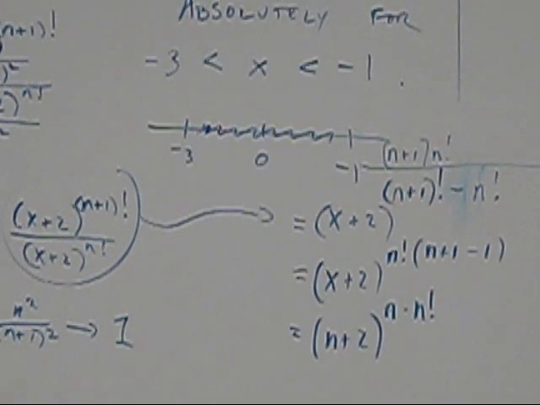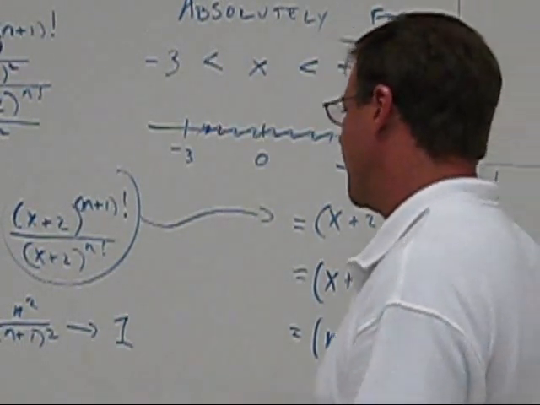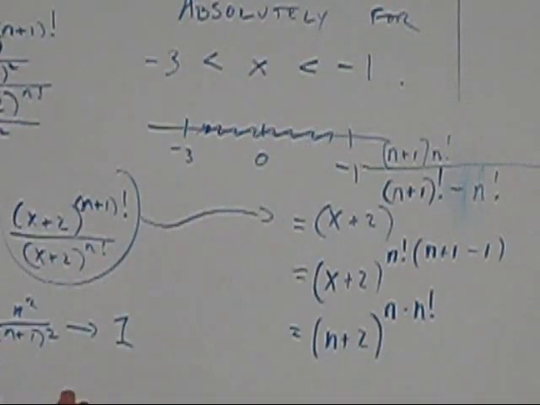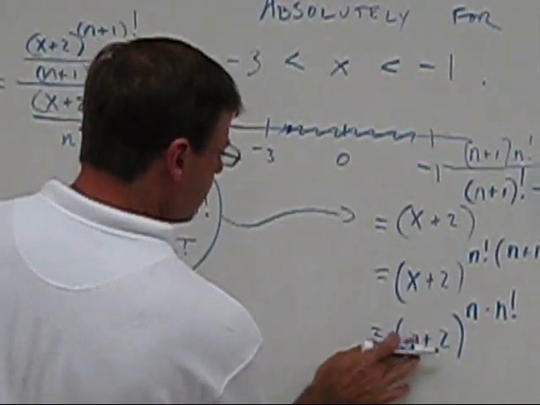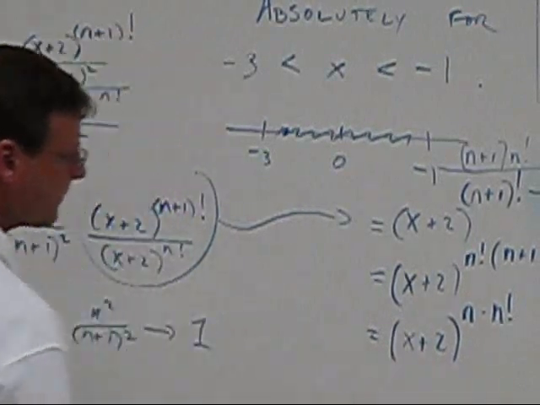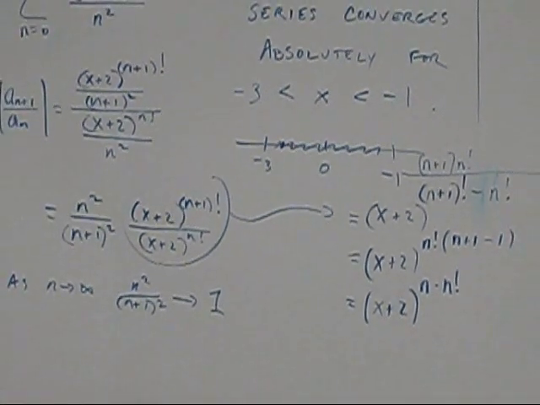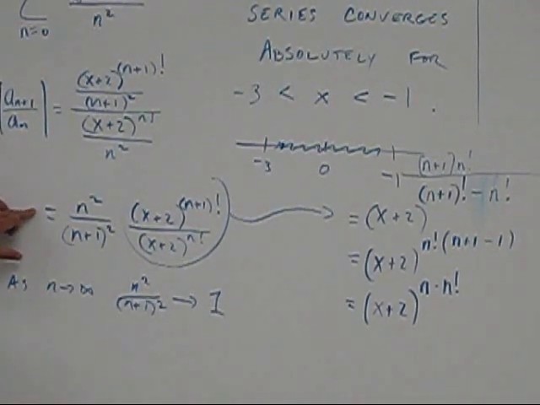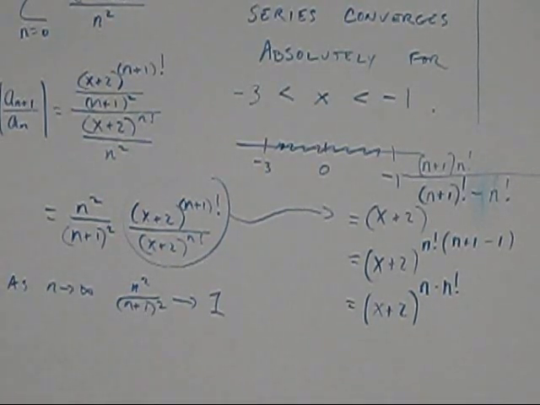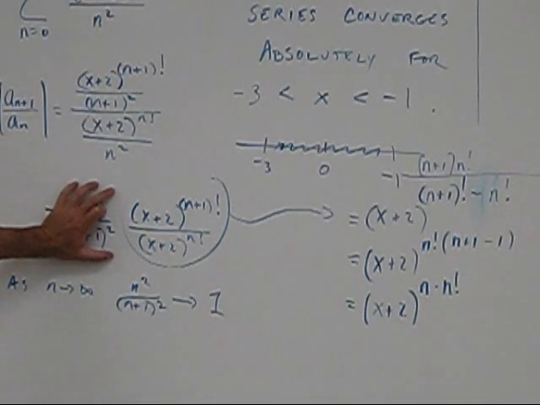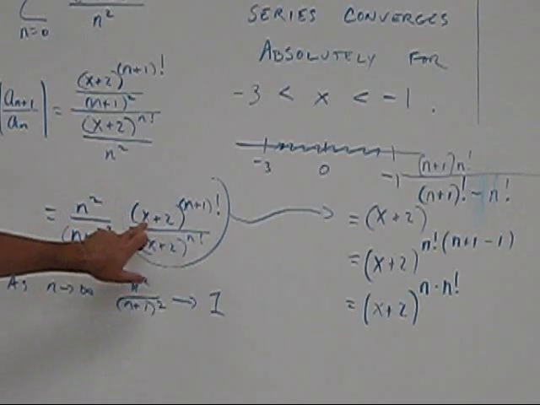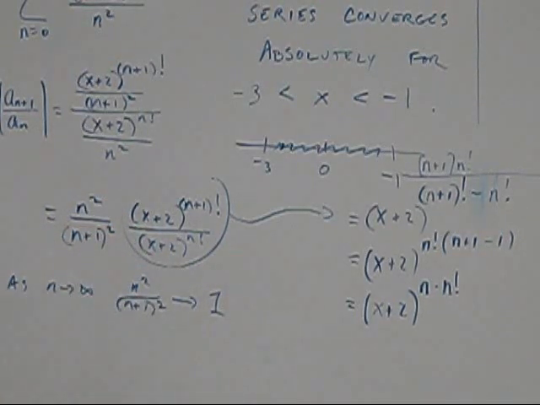Okay, so that's that term. Now we're interested in the limit. We're interested in this limit being less than 1. So this part goes to 1. What does this go to? Well, it depends.